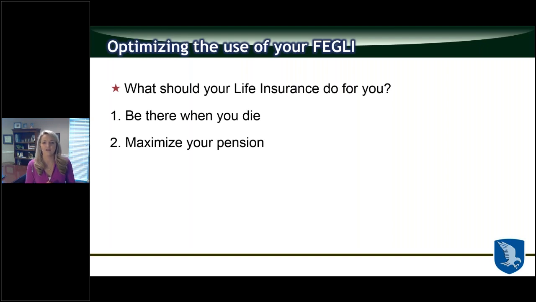I know we didn't get to talk about survivor benefits today, but that's an election you're going to have to make in retirement. And you want to make sure that you're leaving your loved ones a decent standard of living. Sometimes it makes sense to get survivor benefits, but then sometimes it makes sense to do a combination of survivor benefits and life insurance to maximize your bring home pay while you're living.